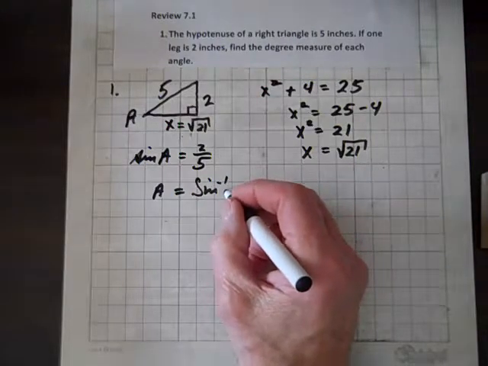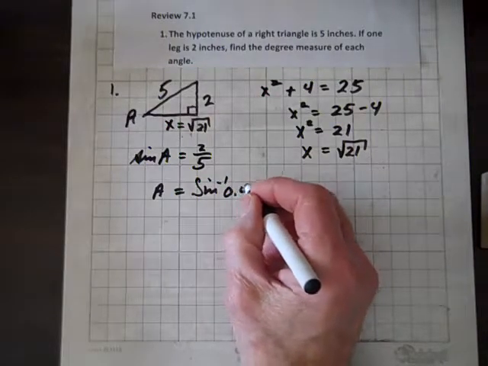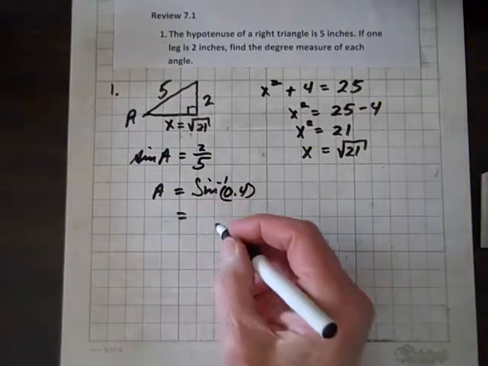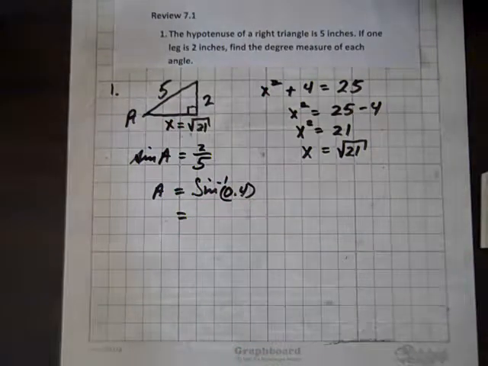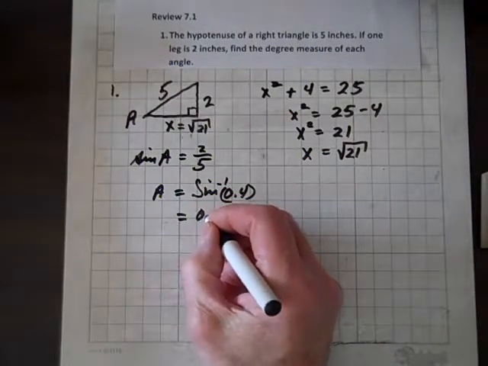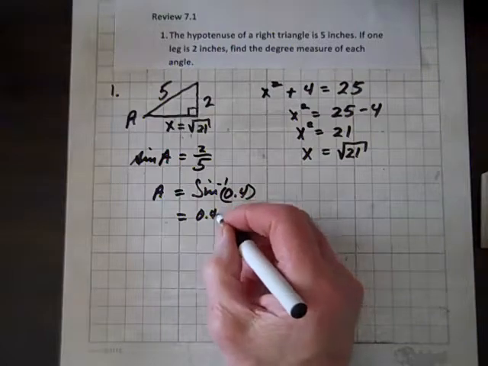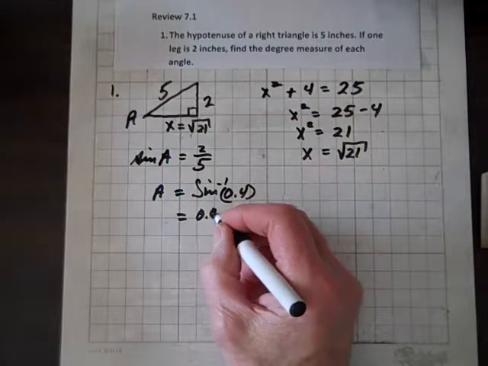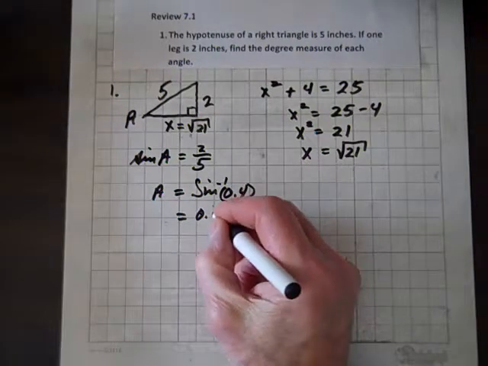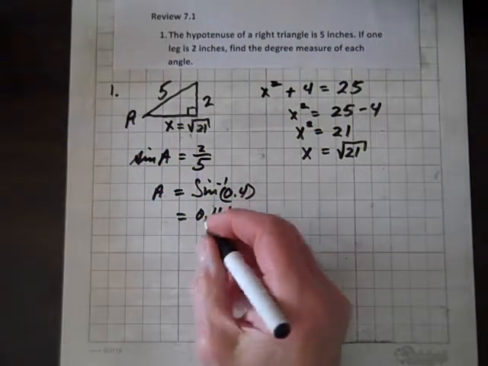which is 0.4, and that's an angle, by the way. That equals 0.4, and it's an irrational number, and it's going to round to 0.41.